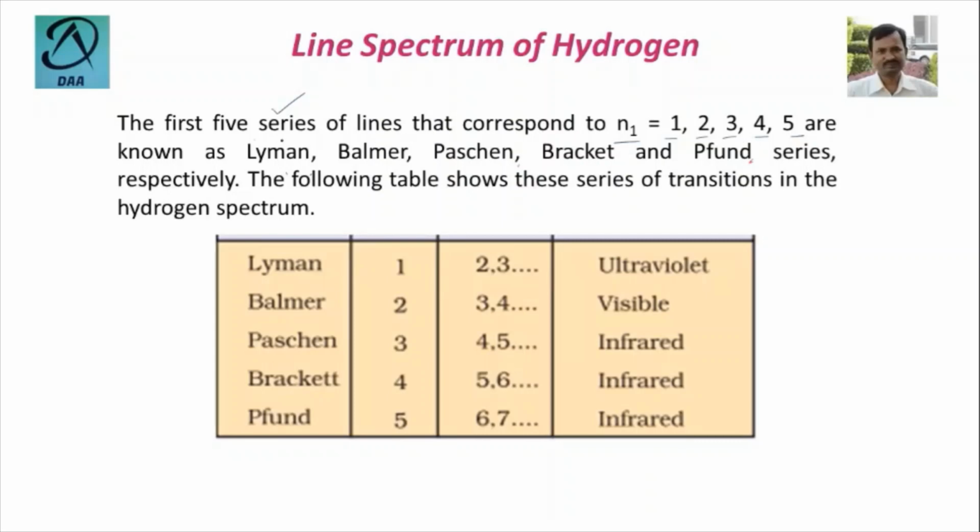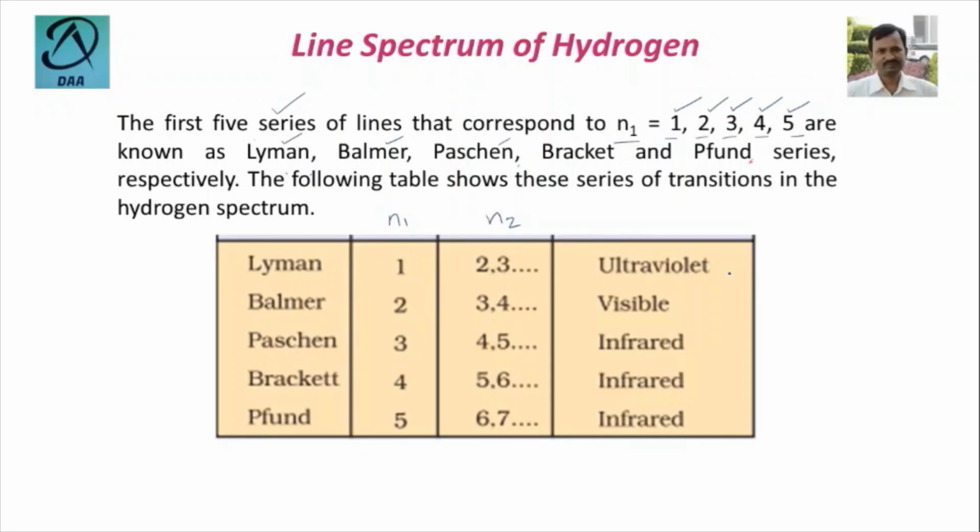This is known as the Lyman series when n1 is equal to 1, the Balmer series, already described, when n1 is equal to 2, the Paschen series when n1 is equal to 3, the Brackett series when n1 is equal to 4, and the Pfund series when n1 is equal to 5. So here it is clearly mentioned, it is n1 and it is n2.